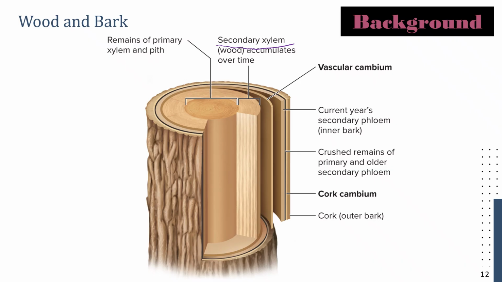As far as the layers of our wood and bark, we have to build layers on the outside of our primary layers in order to get that xylem tissue and the phloem tissue. Outside of that, we have the phloem, and then outside of that, we basically have expansion. So outside of our primary layers, we get crushed layers that eventually make the bark. So as our plant expands out from the center, we get more and more layers of bark.